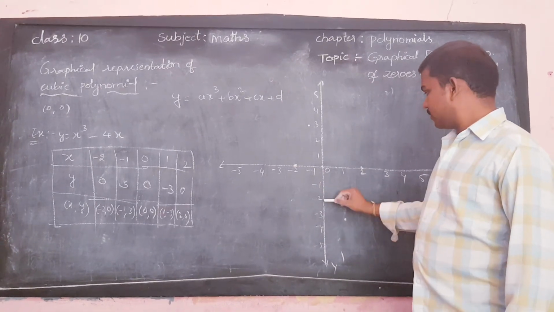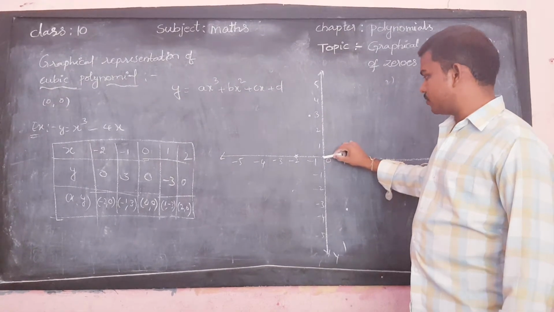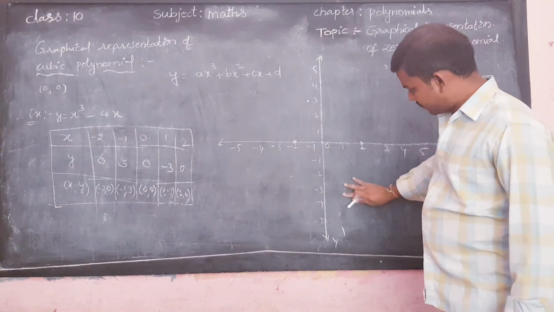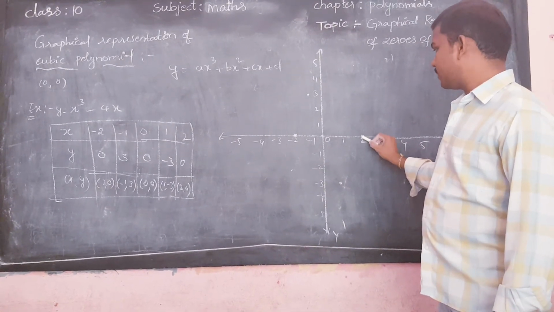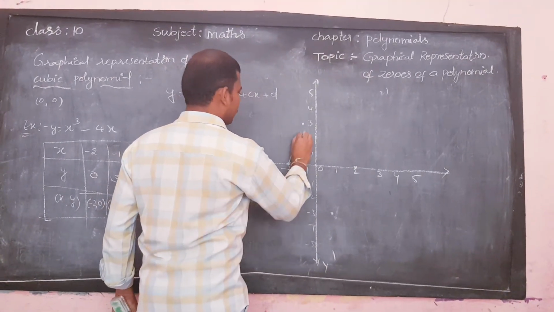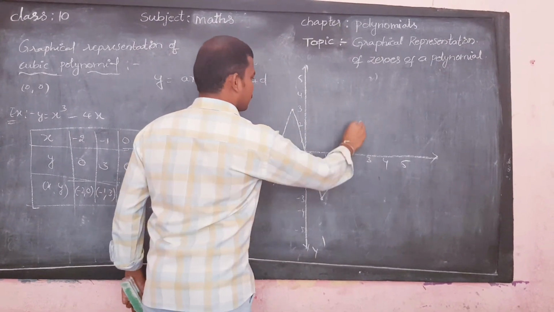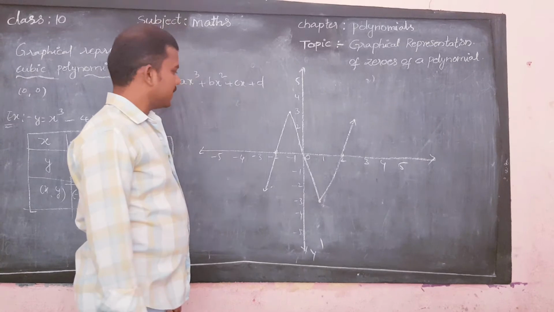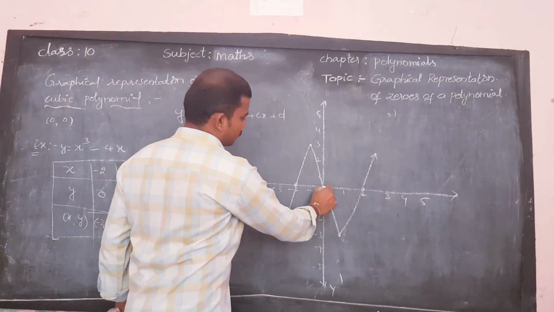Minus 1 comma 3: minus 1 is the x coordinate and 3 is the y coordinate. 0 comma 0 is the origin. 1 comma minus 3. 2 comma 0. So join these points.